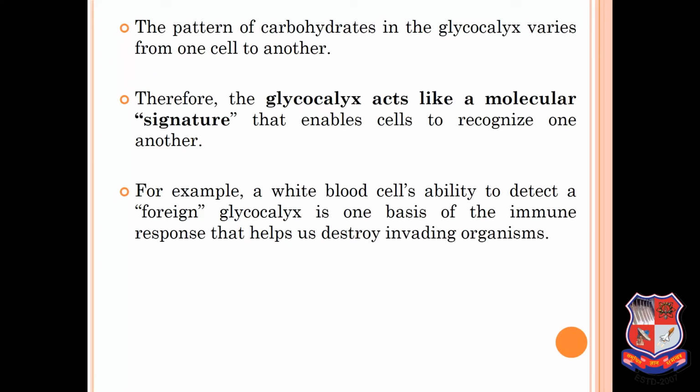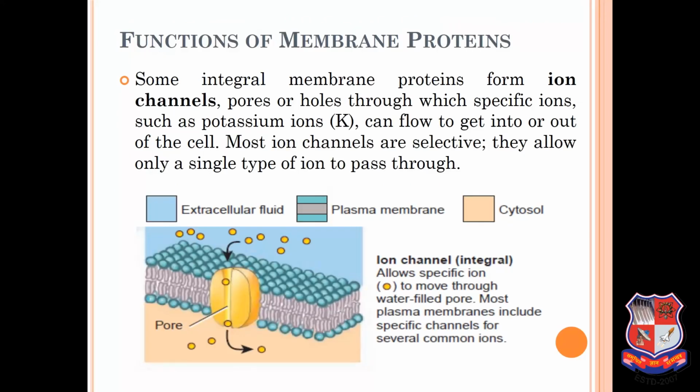It is different from cell to cell, so the glycocalyx is known as the signature of the cell. For example, for white blood cells, the ability to detect a foreign glycocalyx is one basis of the immune response, and that helps us destroy foreign particles or invading microorganisms.